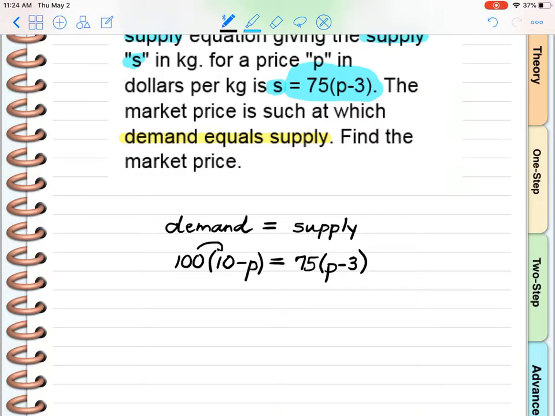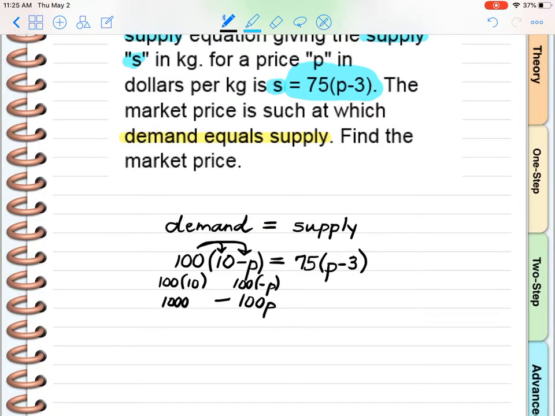Okay, we're going to use distribution. So I have 100 times 10, which is 1,000. And then I have 100 times negative P, or 1P, if you want to put your ghost in there.